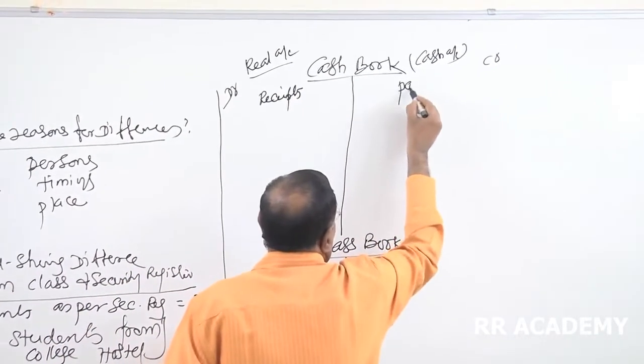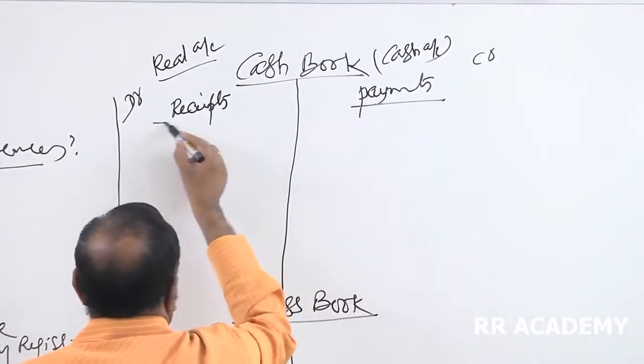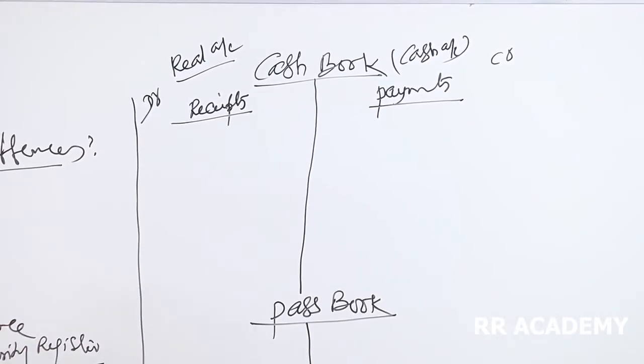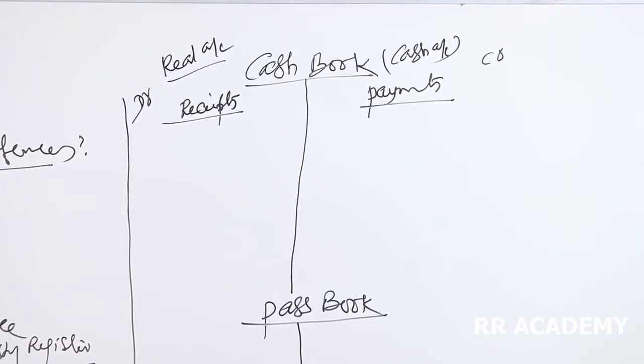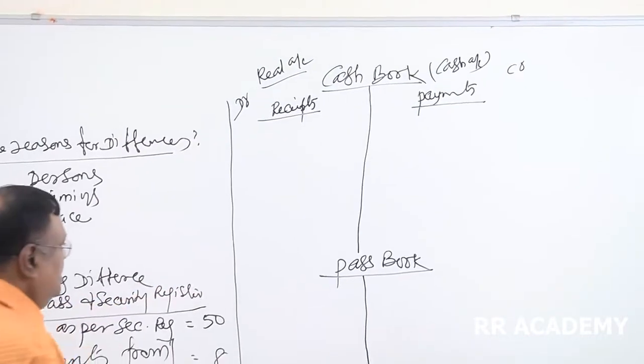Receipts, payments. This is what the cash book is. Even in single entry, you will be studying this. Cash book: debit receipts, credit payments. Okay. Now, what about the passbook?